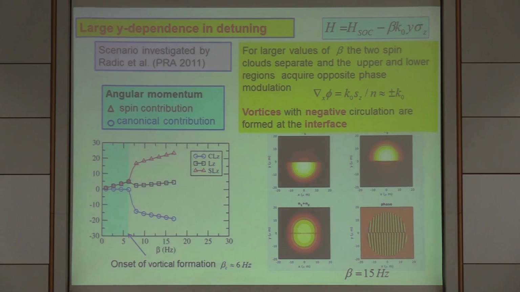That would be very interesting to do. But this was not the strategy used by Spielman, because they used a different strategy in order to ensure the emergence of vortices within each spin component, in order to observe these vortices in an easier way after expansion.